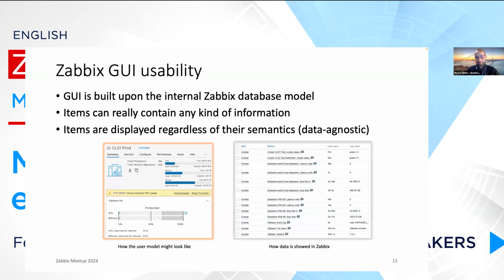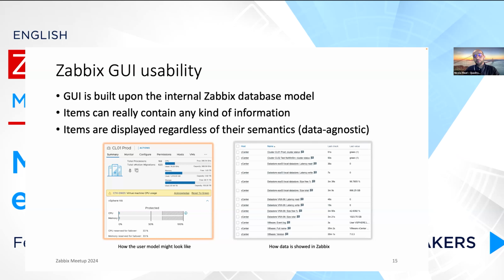Well, yes, from the user perspective, but no, of course, because this makes Zabbix so universal, so flexible. By not sticking to a particular data model, we can use Zabbix in many different use cases and environments, from IT infrastructure to industry to aerospace applications and so on.